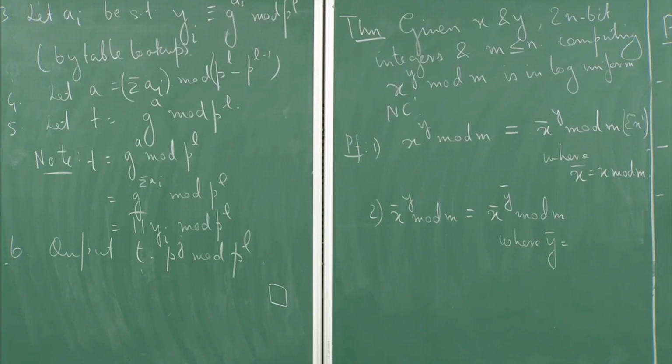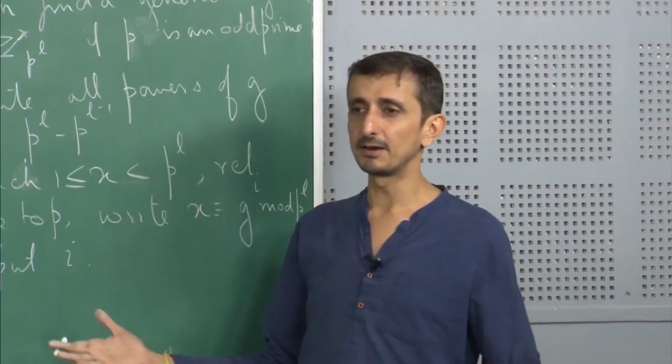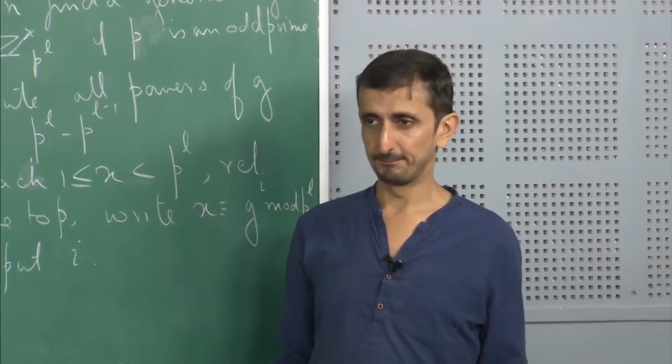Exactly. It will be related to the size of that multiplicative group mod m. The size of that multiplicative group, what is it? Well, we haven't seen the size. It is basically all the numbers that are co-prime to m.